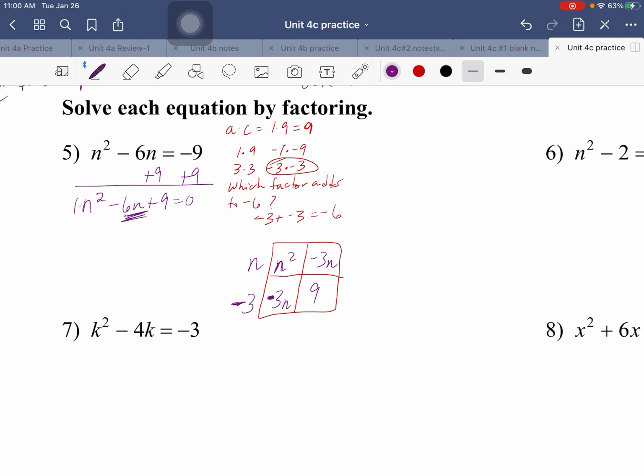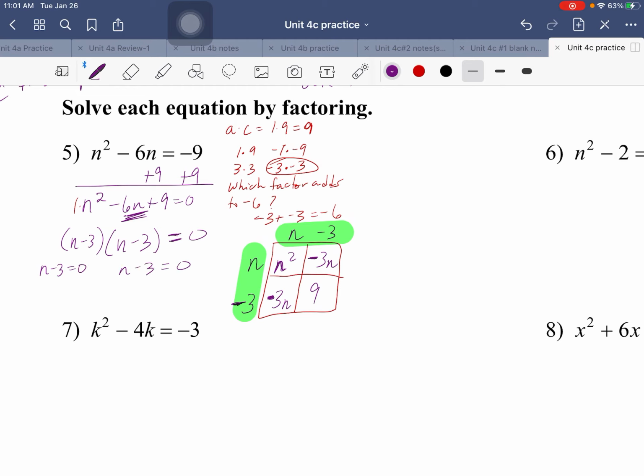The n squared is positive. First column is n. Again, the n squared is positive. And the last column is -3 because that term is negative. So we have n minus 3 and n minus 3, and that equals 0. One reason why you factor is because now we can set each factor equal to 0.